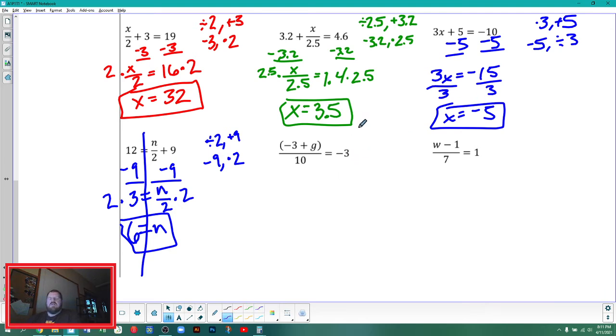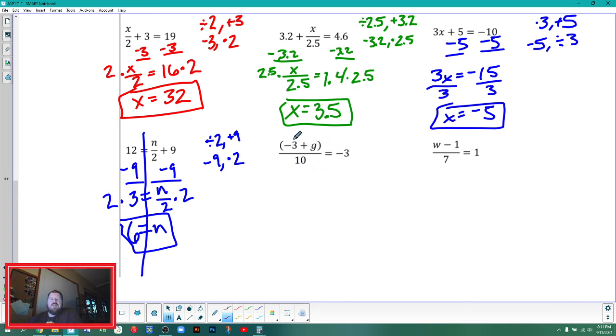Now for these ones, they're a little bit different, okay? But I'm going to approach them the same way. So if I knew what g was, because of these parentheses, and these parentheses don't have to be here, anytime you have multiple things in a fraction like this or in a division problem, it's implied that that numerator has to be dealt with first before you divide.